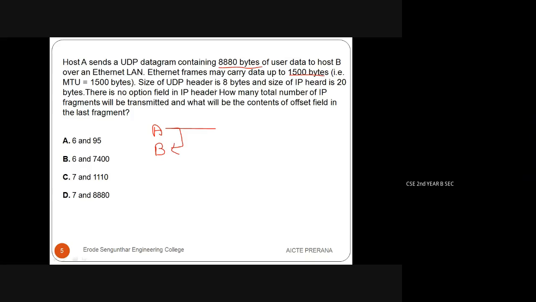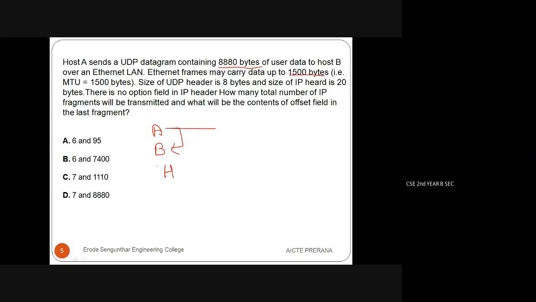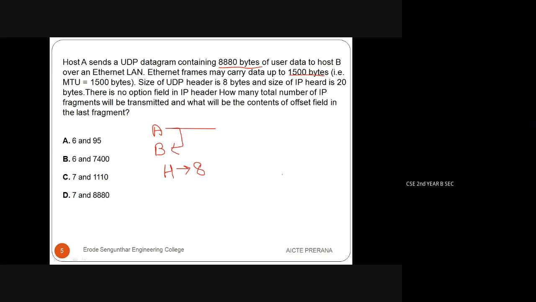The size of the UDP header is 8 bytes, and the size of the IP header is 20 bytes.